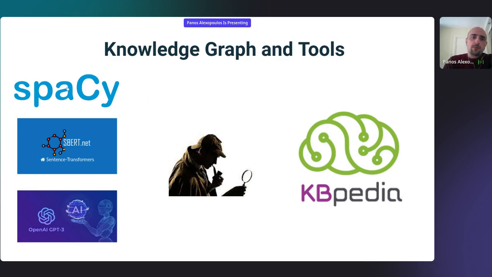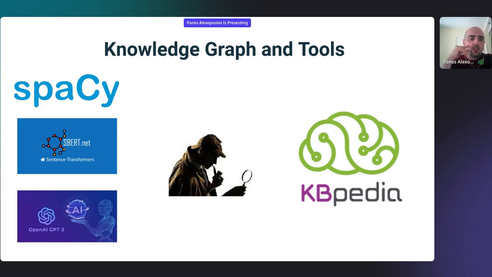Some background. spaCy is a generic NLP library that allows us to take sentences, tokenize them, perform entity extraction, perform relation extraction, perform dependency parsing, and other types of low-level or higher-level NLP tasks.